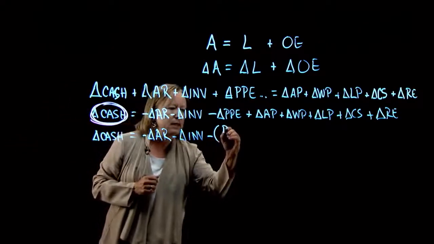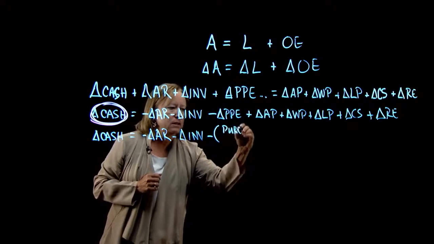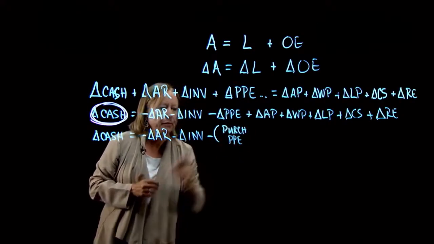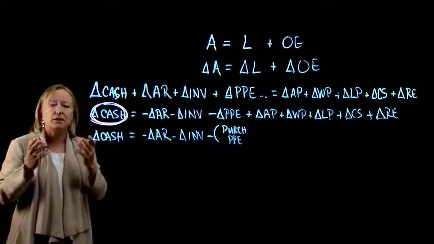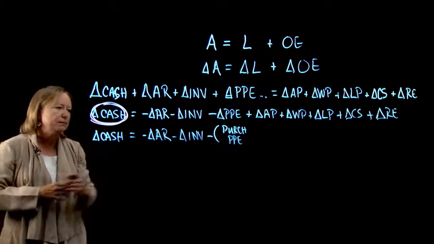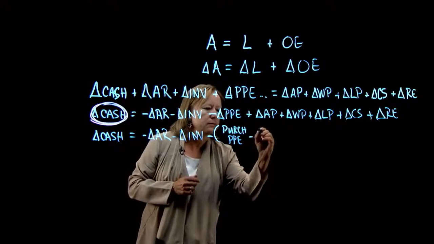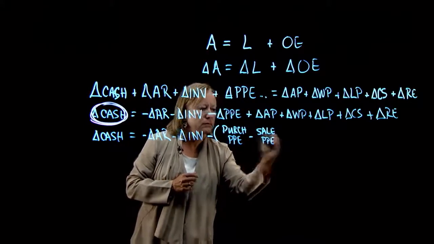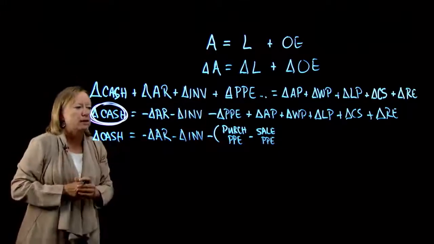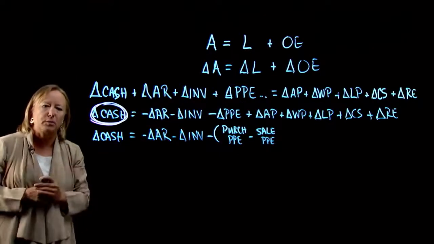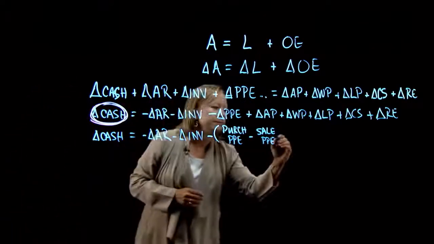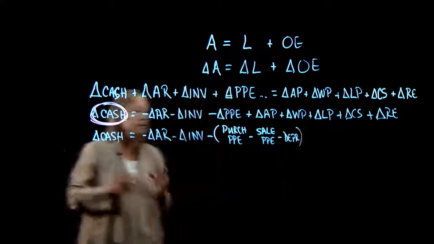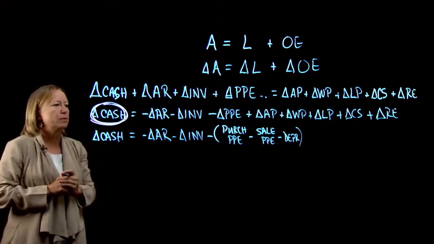So I'm going to say purchases of PP&E. We also know that the balance goes down when we sell equipment. And we also know that the balance goes down when we record depreciation. Okay, so I've added the detail to the property, plant, and equipment account.